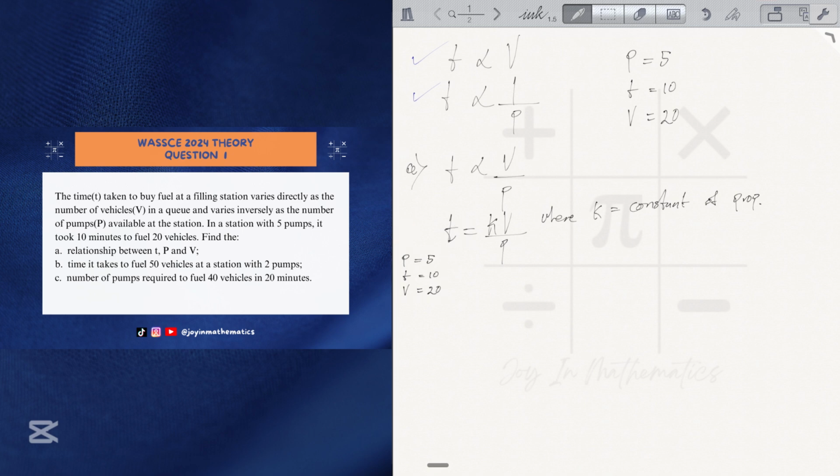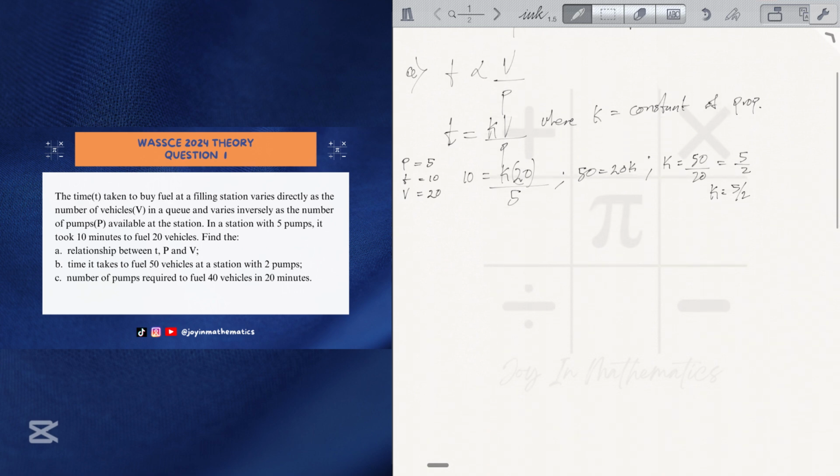So let's substitute. T is equal to 10, K, we have V equal to 20, and P equal to 5. So with this, if we cross multiply, we'll have 50 is equal to 20K, and our value of K will be equal to 50 divided by 20, which is equal to 5 over 2. Now, if K is equal to 5 over 2, we can substitute the value of K into the expression.